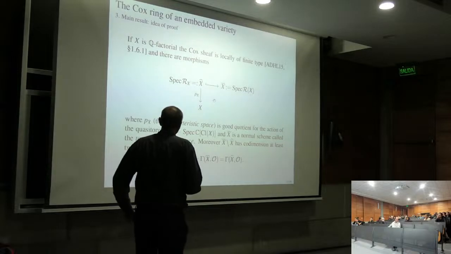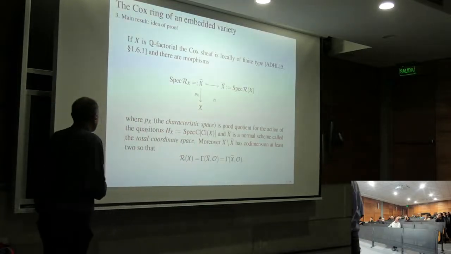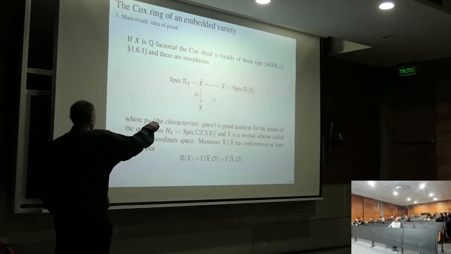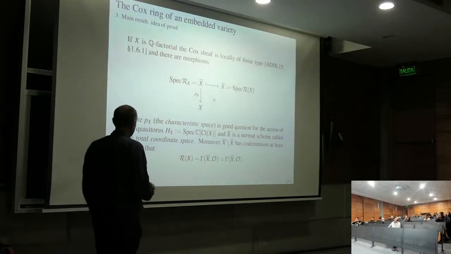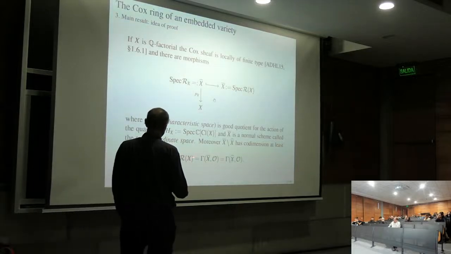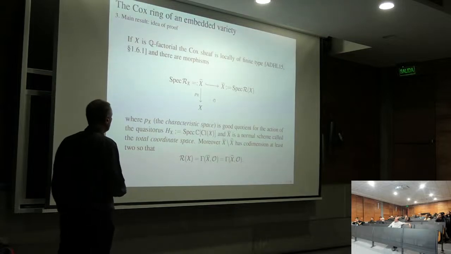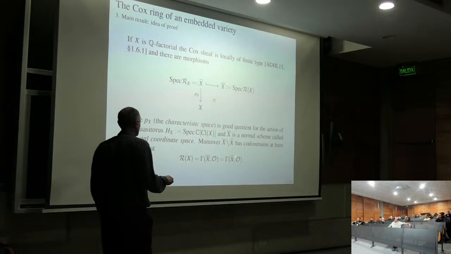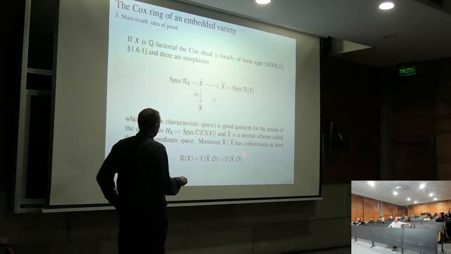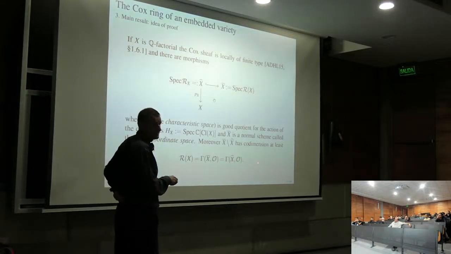Okay. Now, due to this construction, the Cox ring is by definition the ring of global sections of X bar. And it is possible to show that X bar is a normal scheme, so this is also the ring of global sections of X hat.